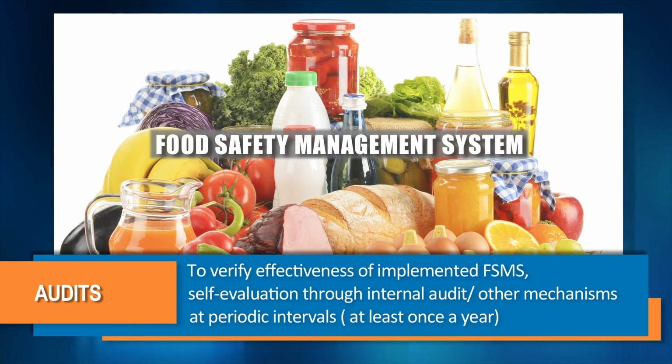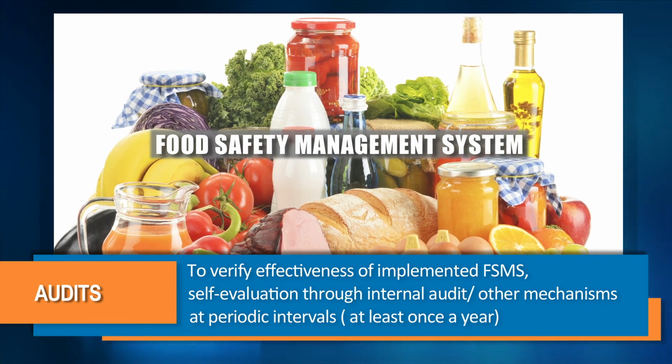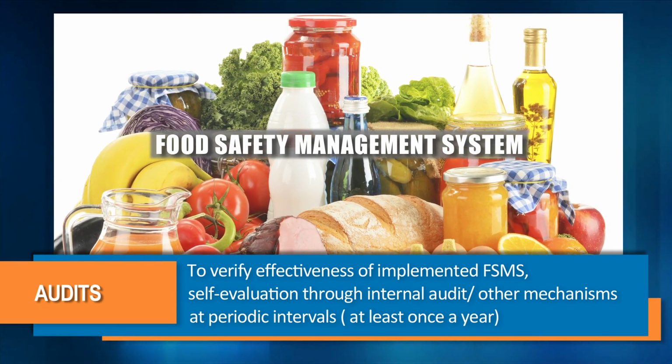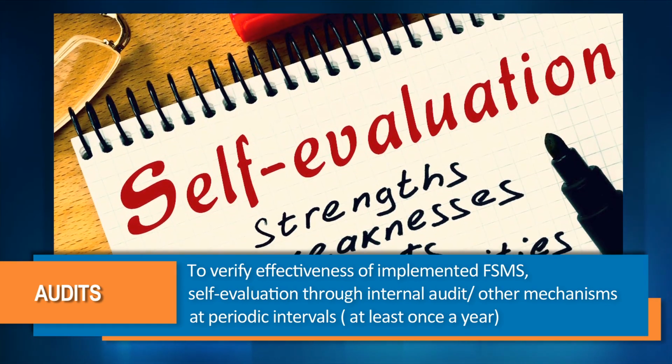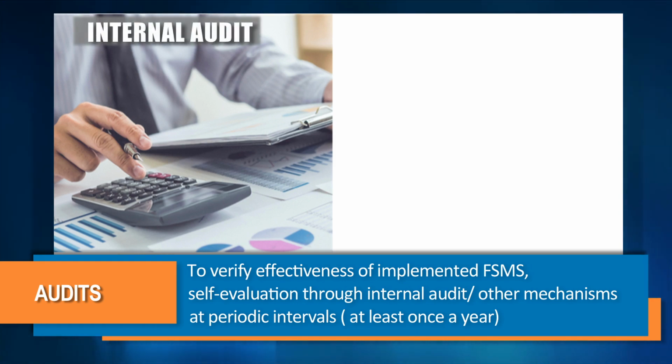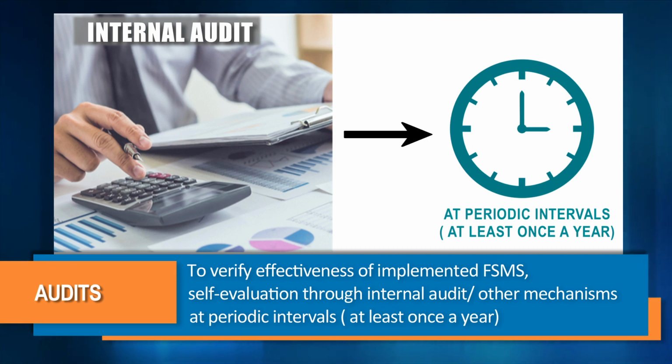To verify the effectiveness of the implemented food safety management system, the food business operator shall conduct a self-evaluation through internal audit or by other mechanisms at periodic intervals, which should be at least once a year.